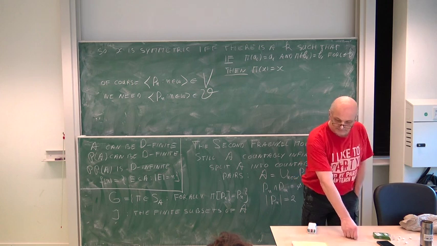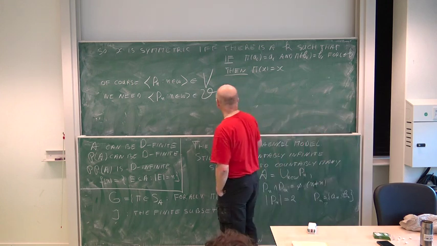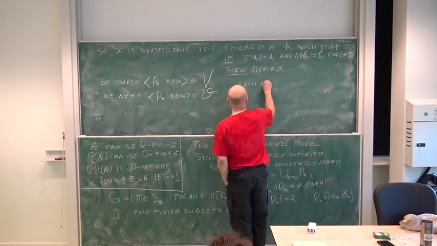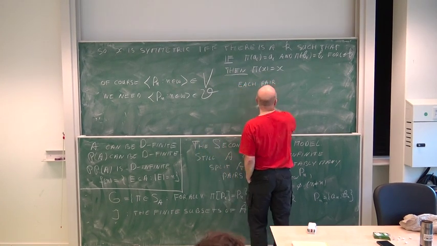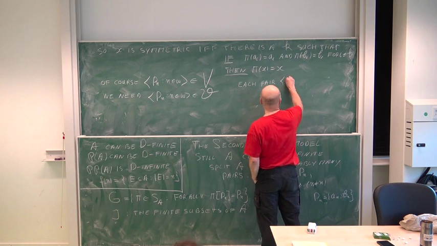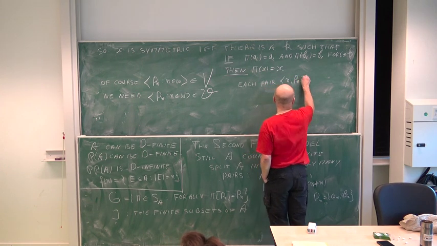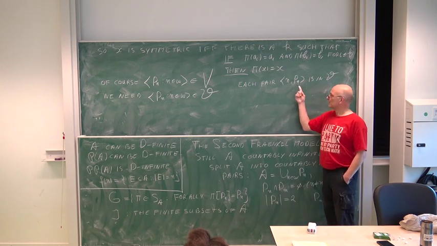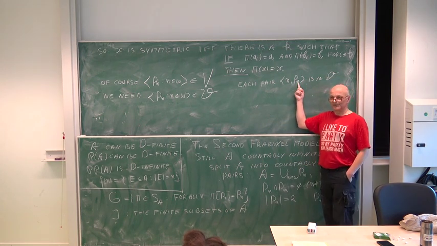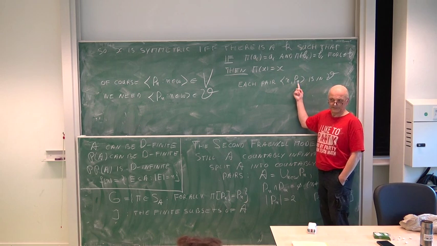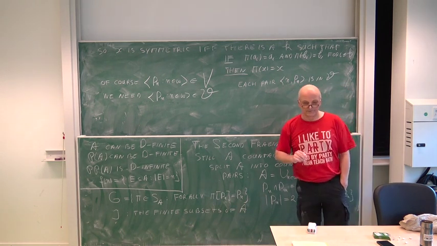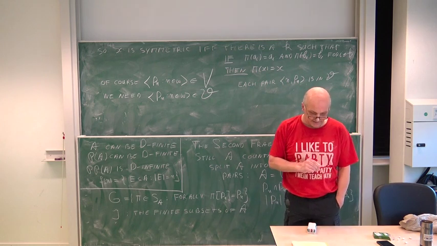Okay, well, this is no problem, because this is just a finite subset of A, and that is part of the model. And so the fact that we have a model of set theory will give us that.